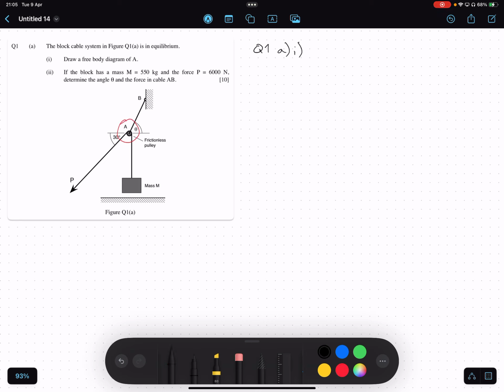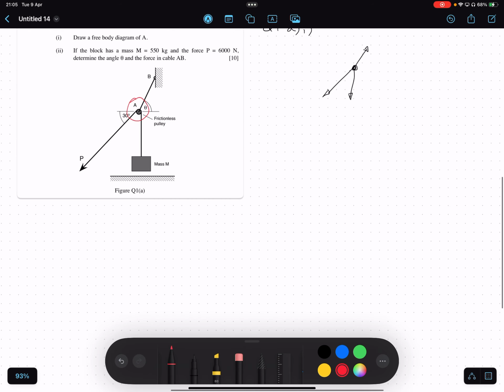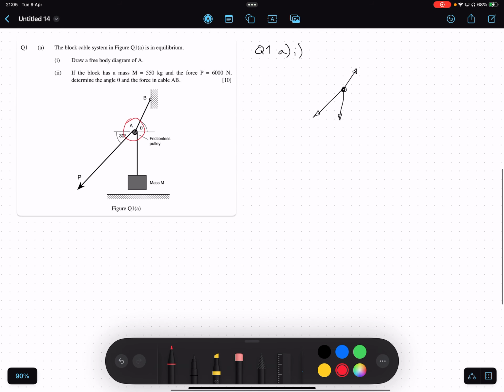go ahead and draw our pulley, like so, and let's add the forces experienced on that pulley. So we have our tension force T, which is being supplied by B, this bit here.